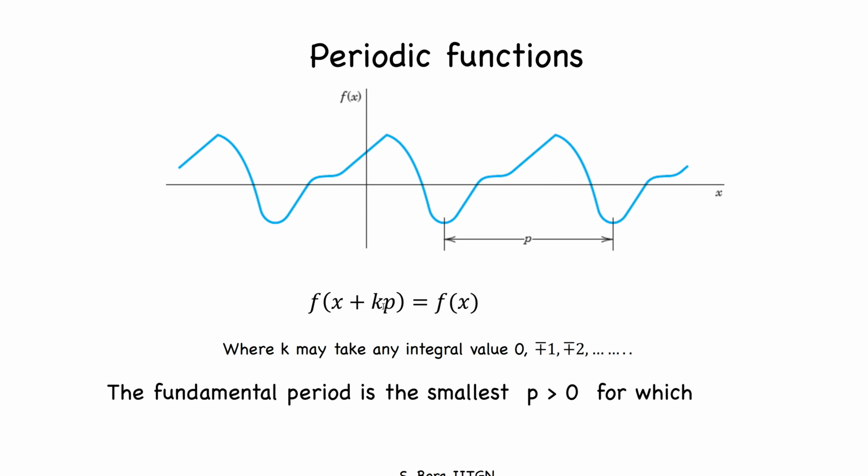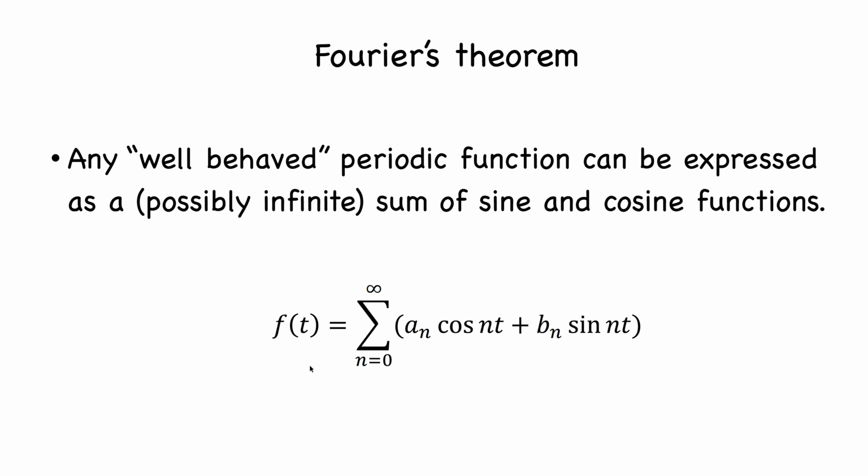Fundamental period means the smallest period, or smallest time or space, after which the pattern is repeated. In our previous examples, the fundamental period was 1 second in one example and 2 seconds in the other.